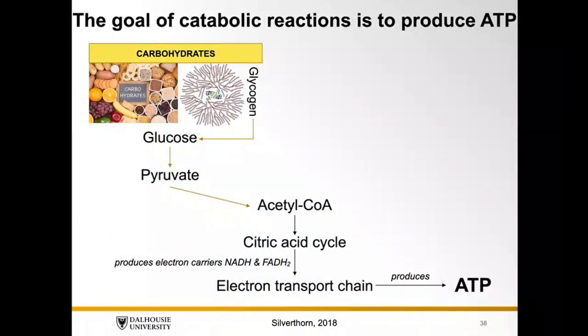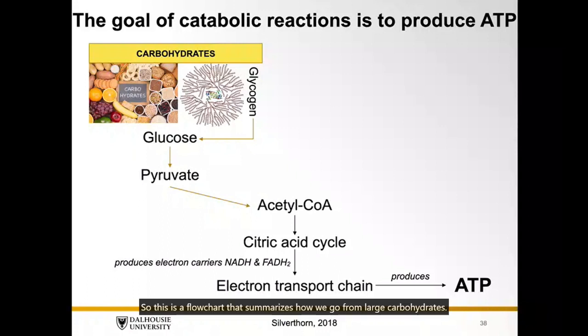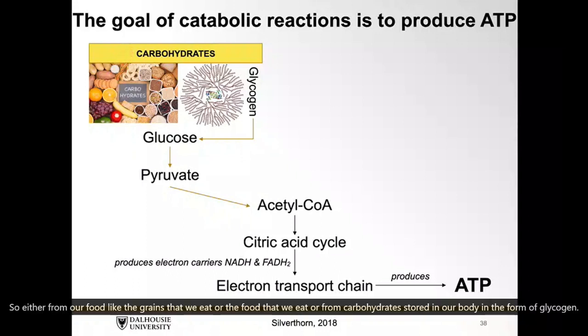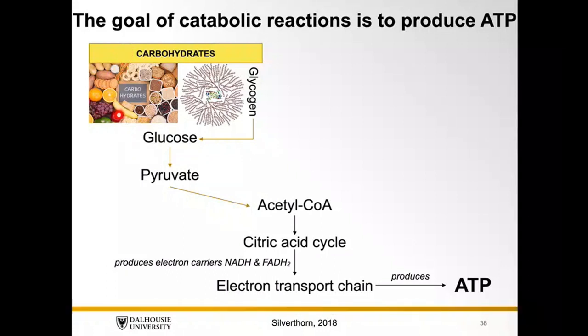So now we're really zooming into catabolism. Okay. So the role of catabolic reactions, as you know now, is to produce ATP. The question here is, how do we get there? So this is a flow chart that summarizes how we go from large carbohydrates, either from our food, like the grains that we eat or the fruit that we eat, or from carbohydrates stored in our body in the form of glycogen.